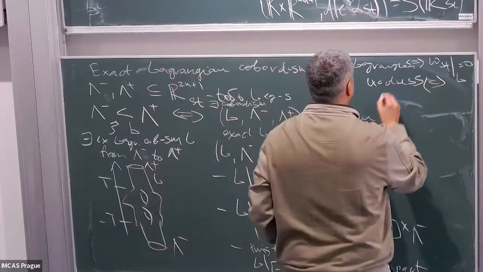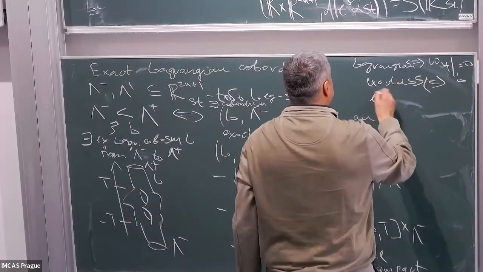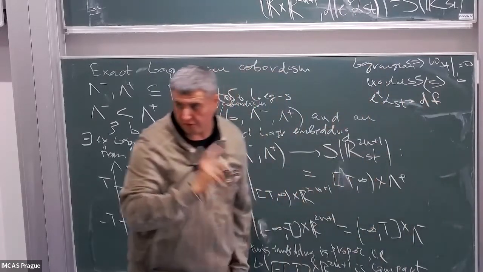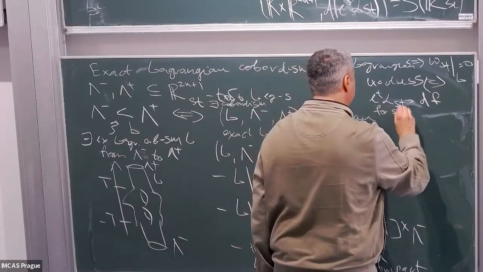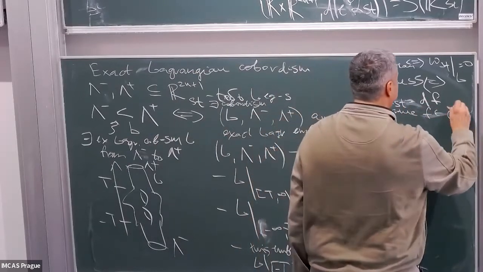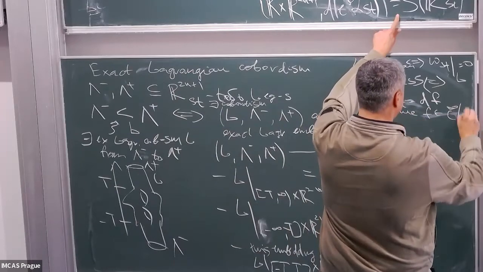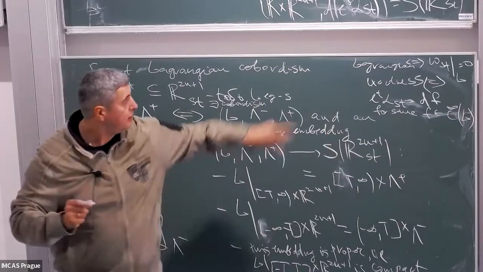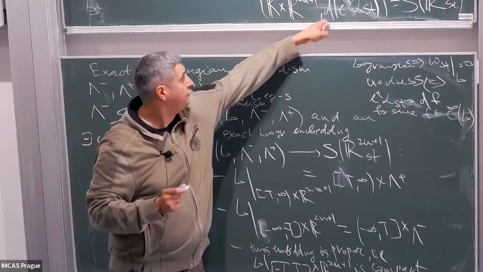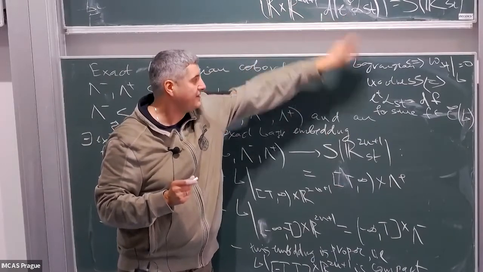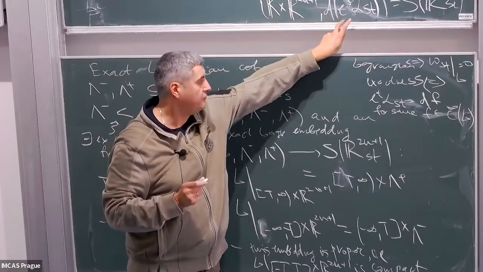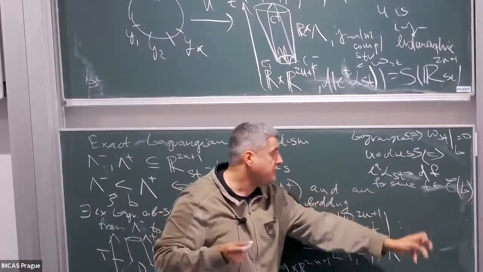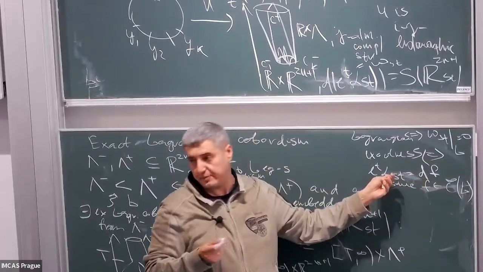So exactness means that e to the T alpha standard restricted to L is equal to d of f for some f in C infinity of L. Namely, there is a smooth function on L, not on the symplectic manifold, because if you have a function on the symplectic manifold, then d of something gives automatically 0. But we have a function on the Lagrangian with the property that d of it is equal to the primitive of the symplectic form.